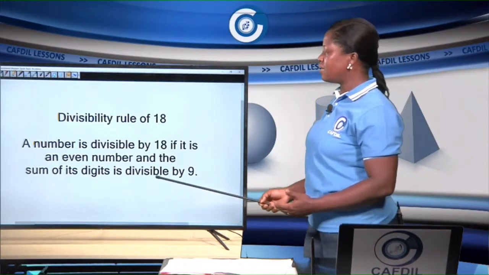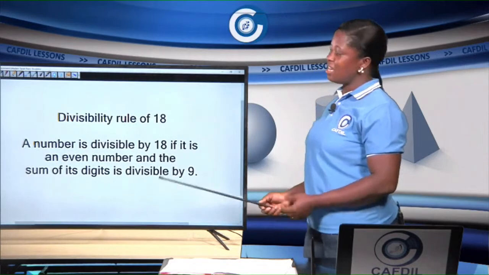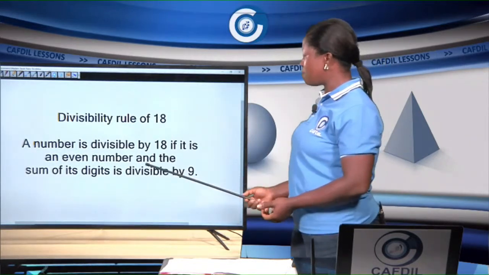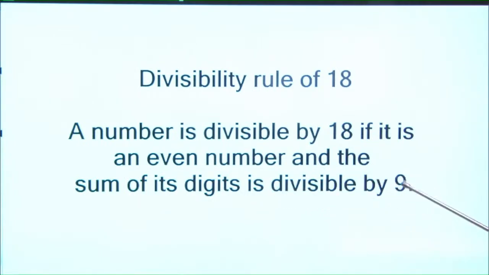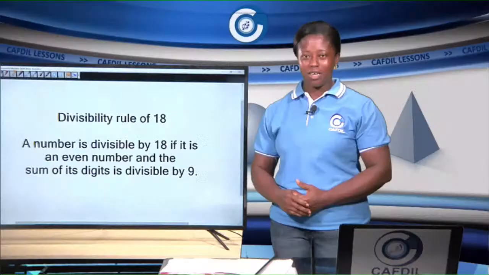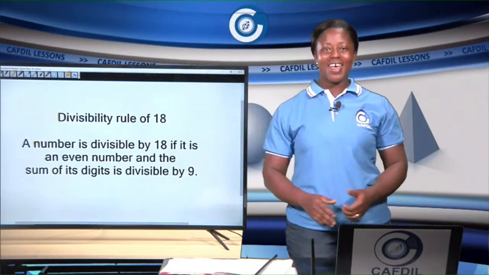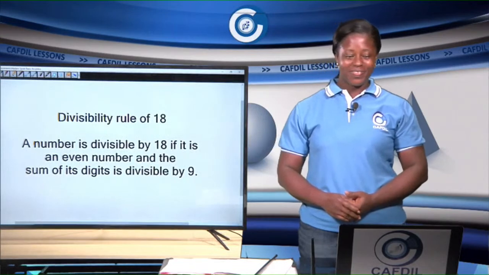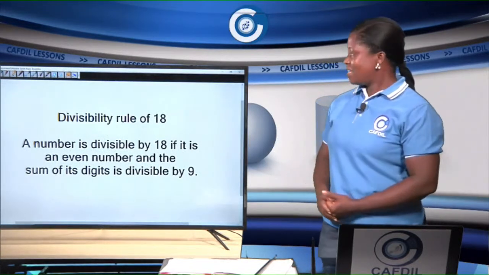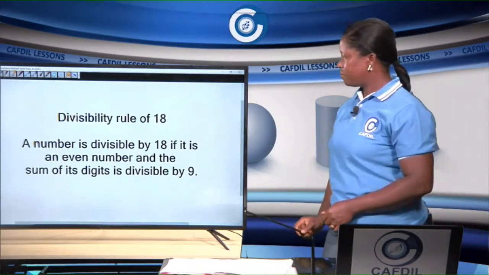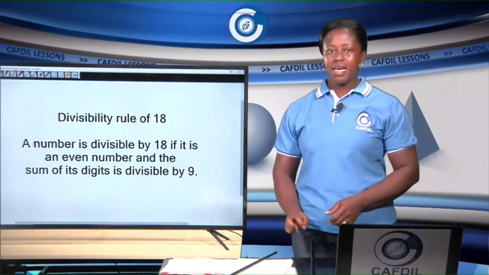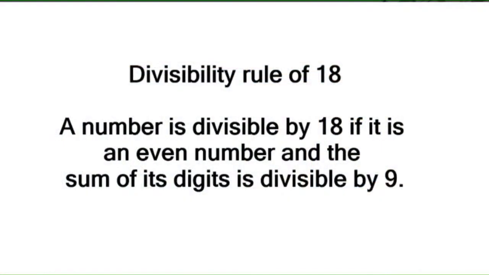So if that number is an even number and the sum of its digits is divisible by 9, it means that number is a multiple of 18 or divisible by 18. Learners, I want you to write the rule in your book. So I'll give you just a minute to copy into your book so that it will serve as a guide.